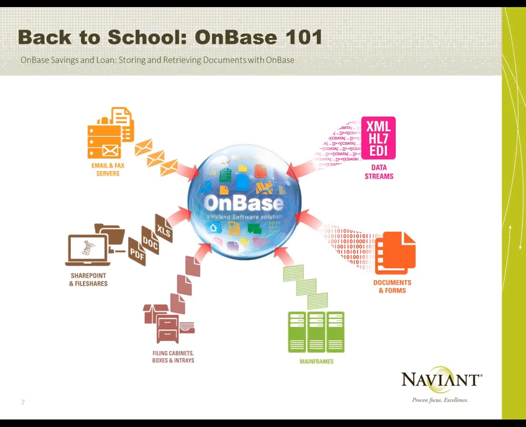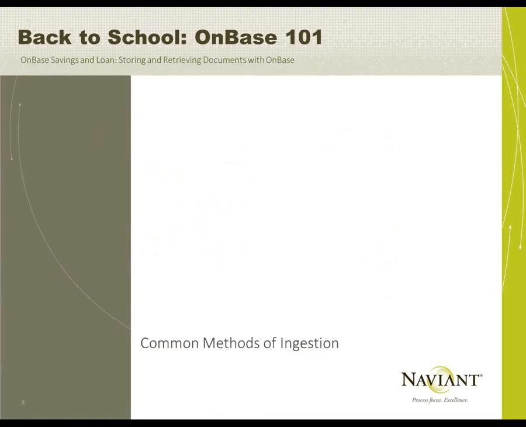But OnBase can actually store a much larger variety of bulk data in the form of scanned-in boxed records, digital information from XML formats, PDFs, COLD imports from mainframes, HL7 messages for the medical community, and business communications through fax and email archiving. You can store a lot of data in an OnBase system, and we're going to show you some of the simplest ways of getting information into OnBase and then how to find it once it's there.